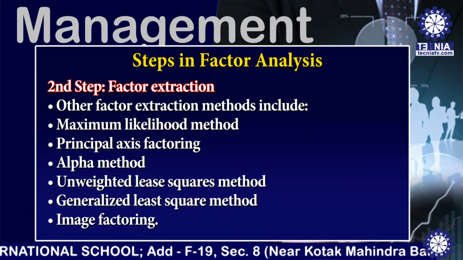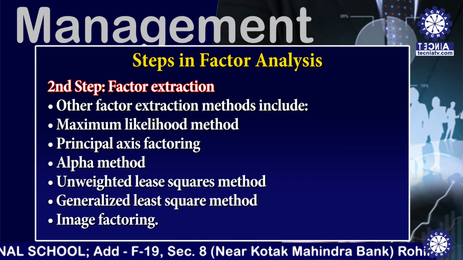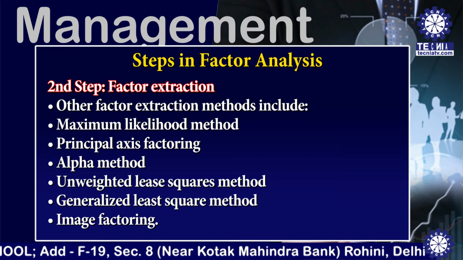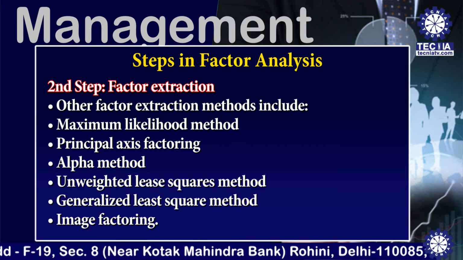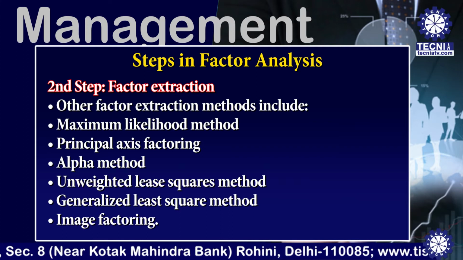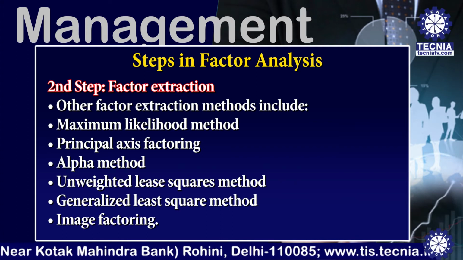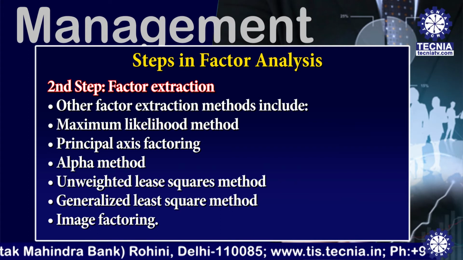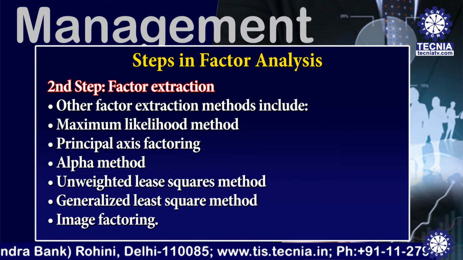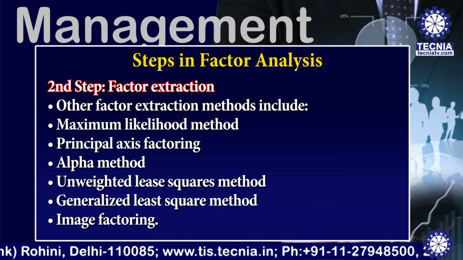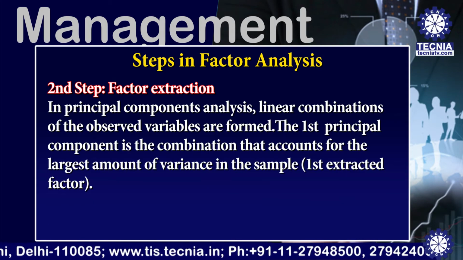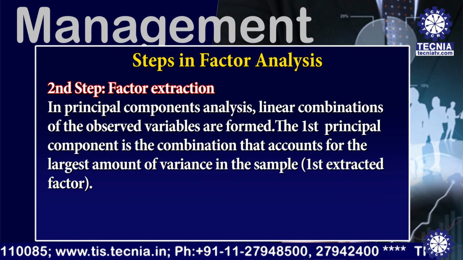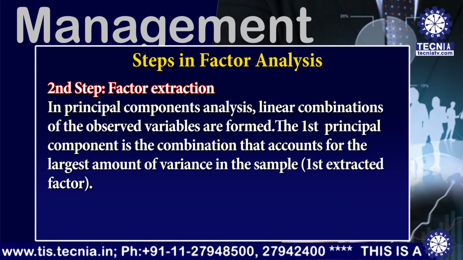Other factor extraction methods include maximum likelihood method, principal axis factoring, alpha method, unweighted least squares method, generalized least squares method, and the image factoring. In principal component analysis, linear combinations of the observed variables are formed.